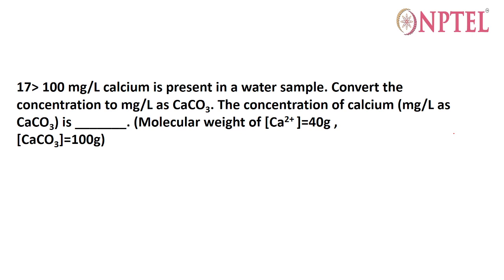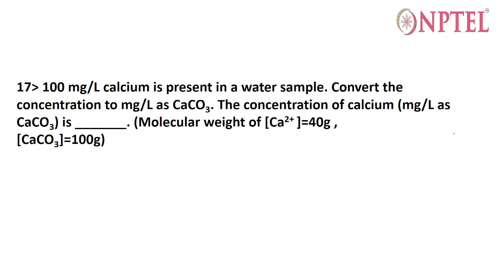Then this question, again a numerical question: 100 mg per liter of calcium is present in a water sample. Convert the concentration to mg per liter as CaCO3. That's what I was trying to tell you in the second question, that there will be a similar kind of numerical question.